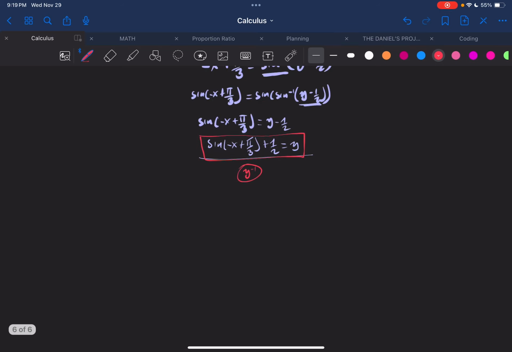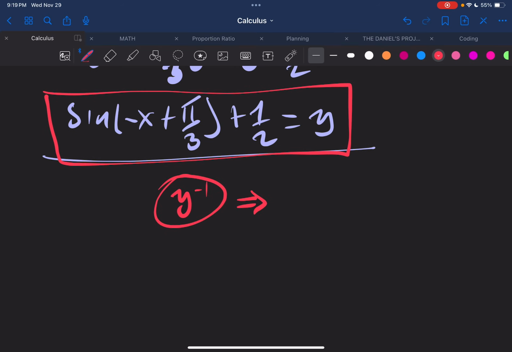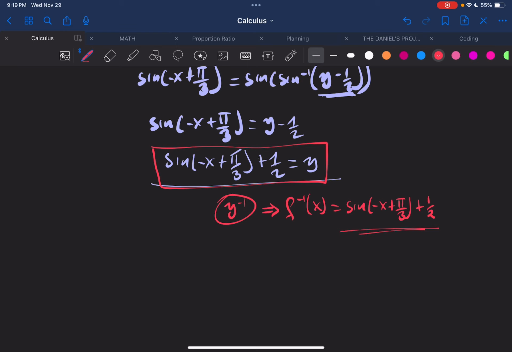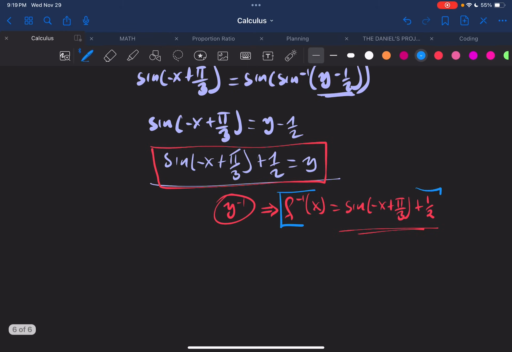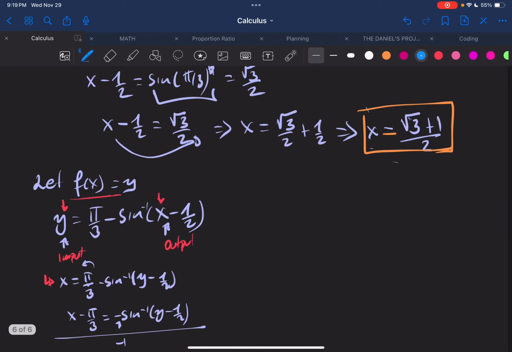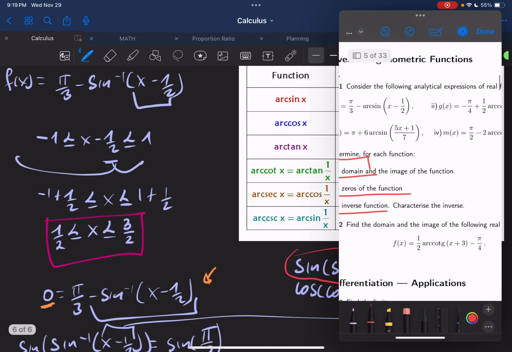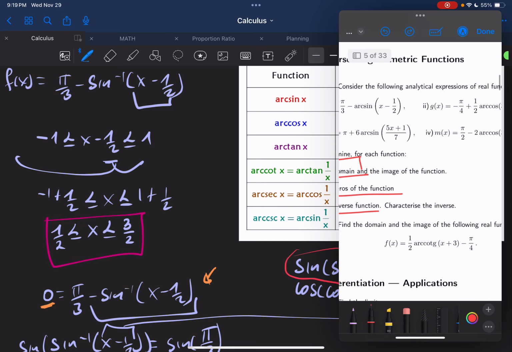So now that we know what y inverse is, this is the same as saying f inverse of x is equal to sine of negative x plus pi over 3, plus 1 over 2. And this is the answer that I wanted to get. We can do more exercises where we can use cosine, where we can use sine, and other complex examples. But I'm going to stop here and do this one.